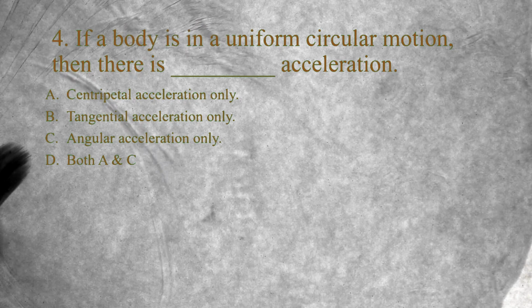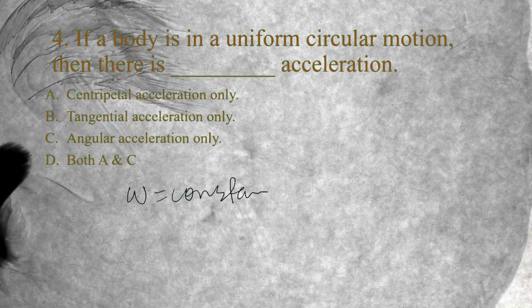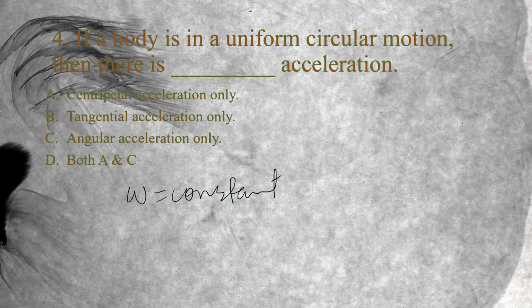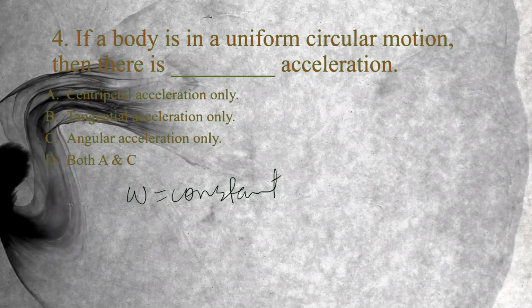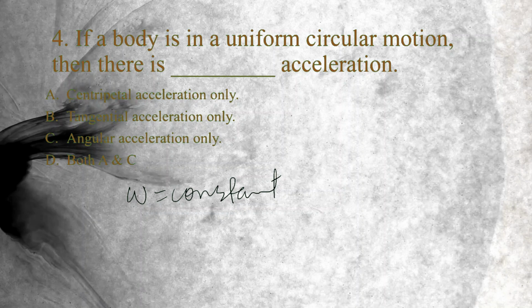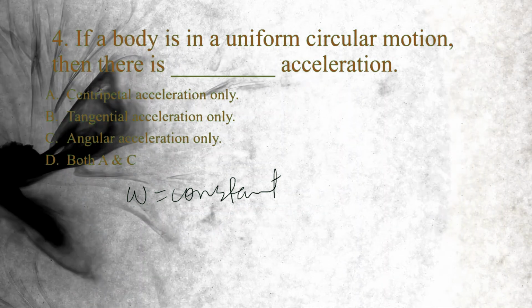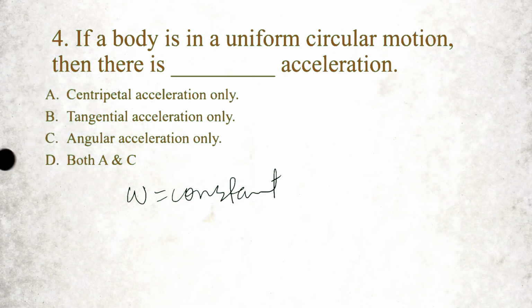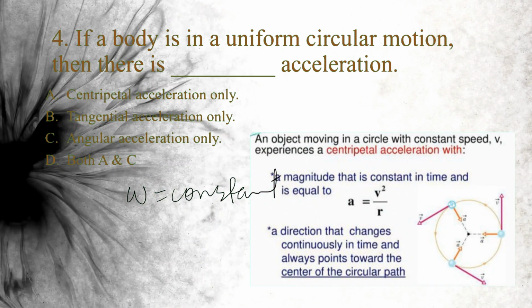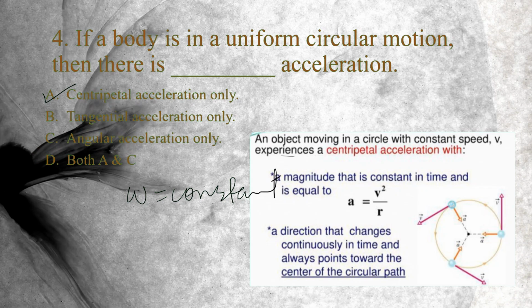Angular speed means the omega is constant, and so is the magnitude of its linear velocity. That is why there is no angular and tangential acceleration. There is only centripetal acceleration because of the centripetal force, which is responsible for changing the direction of the velocity. So the correct option is the centripetal acceleration.